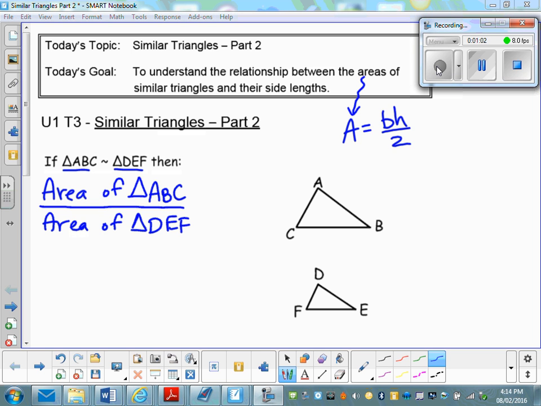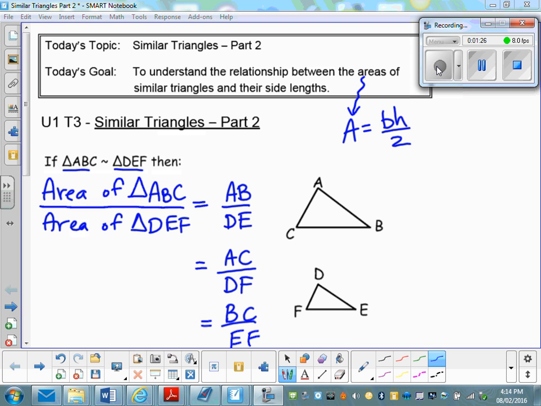So that ratio is equal to AB over DE. It's also equal to AC over DF. It's also equal to BC over EF.